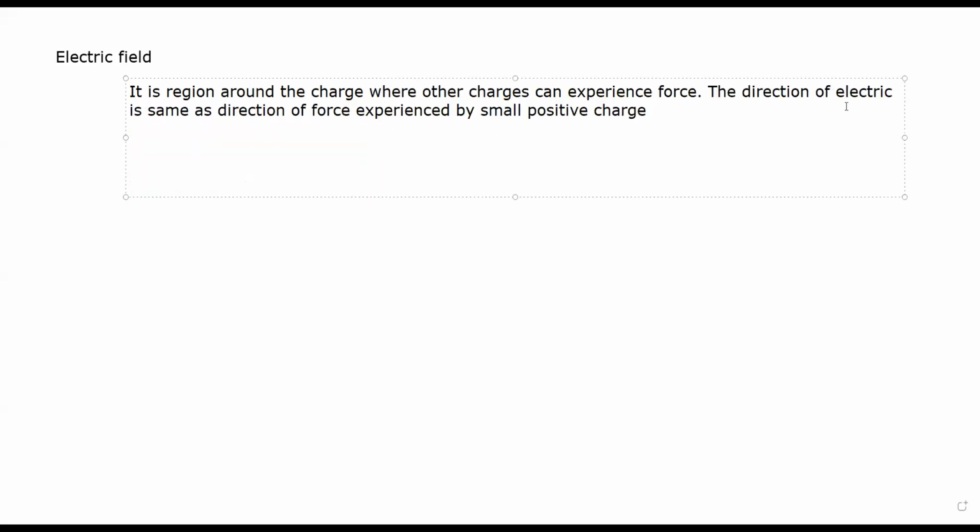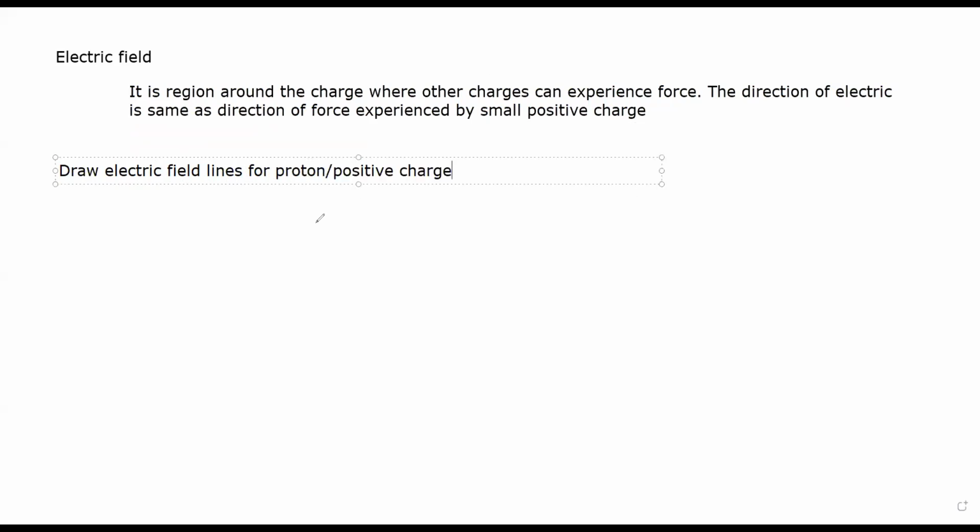So if the question is draw the electric field lines for a proton or positive charge, the proton itself is positive.